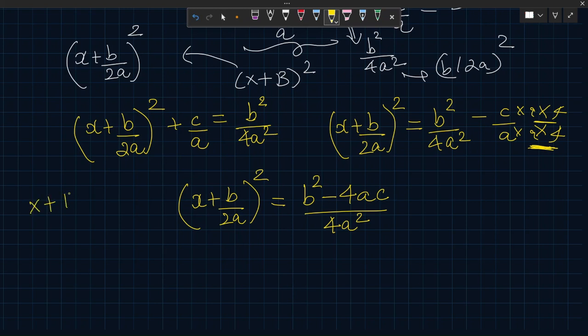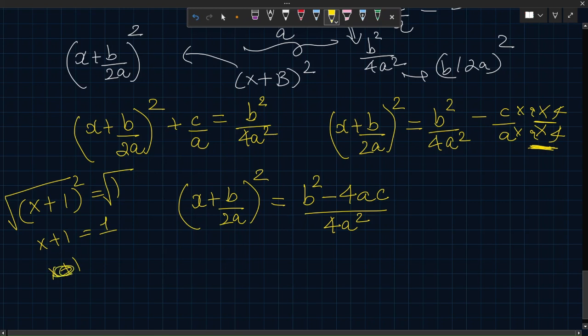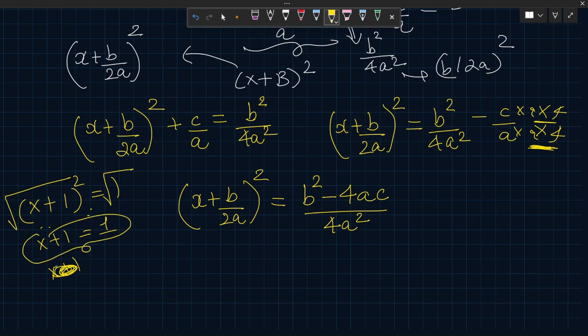Suppose I have x plus 1 the whole square equals 1. That means if I take square root on both the sides, x plus 1 should be equal to 1. Note that if I take square root on both sides, x plus 1 equal to 1, or a square root here.